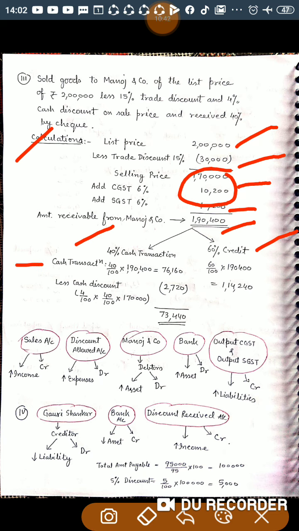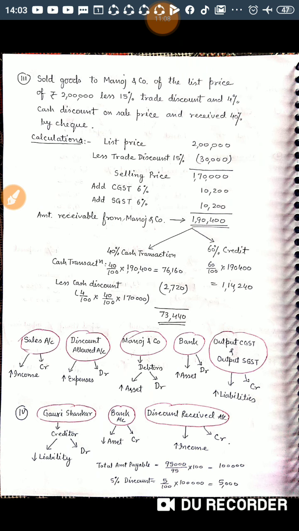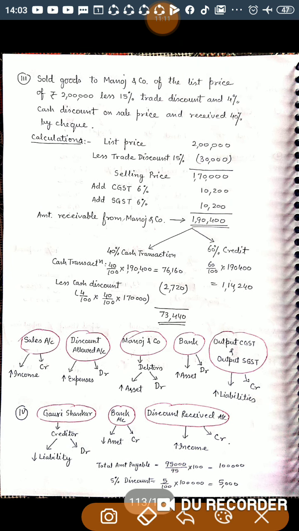This is 40% of the 1,90,400, that is 76,160, less the cash discount allowed to him, 4% of 40% of the selling price. First we calculate 40% of the selling price: 40 upon 100 multiplied by 1,70,000 multiplied by 4 by 100. The calculated amount is 2,720.